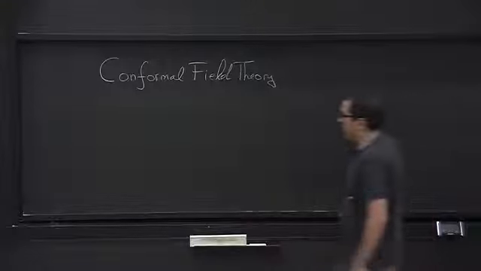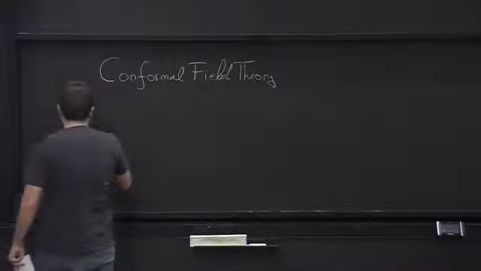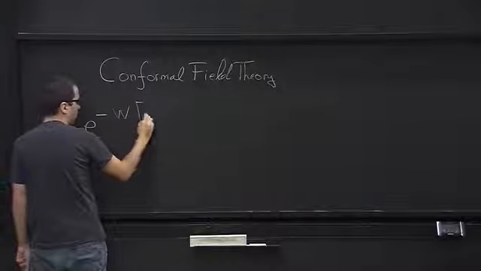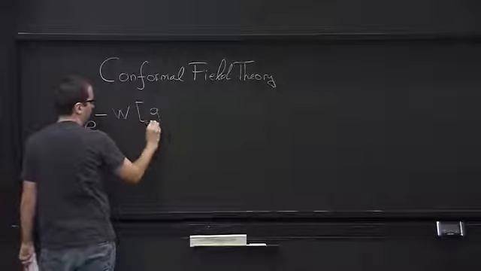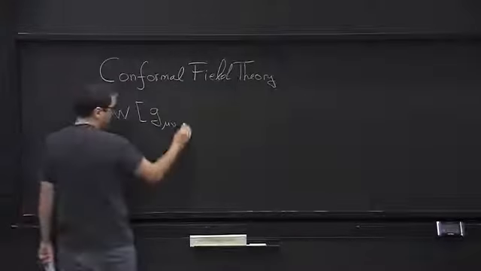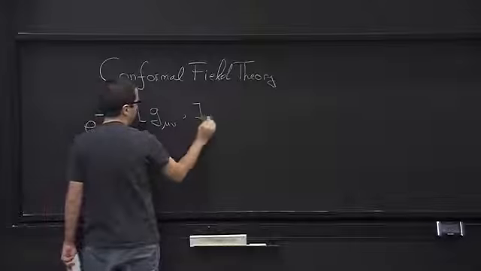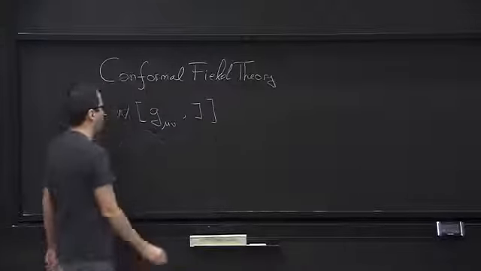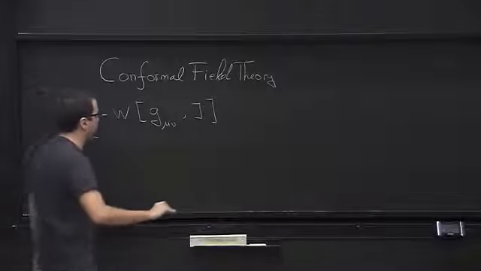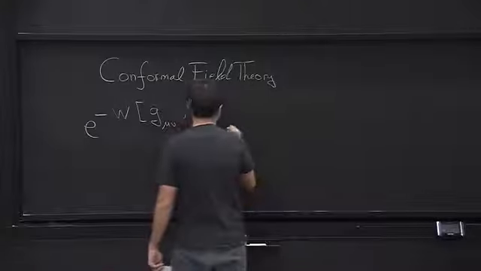So what does it mean? Our theory is uniquely specified by a generating function from which we can extract correlation functions. So we have some generating function of our theory in some space given by some metric g mu nu. And there is some current J, from which if we take functional derivatives with respect to J, we extract correlation functions. So these are sources, physically.